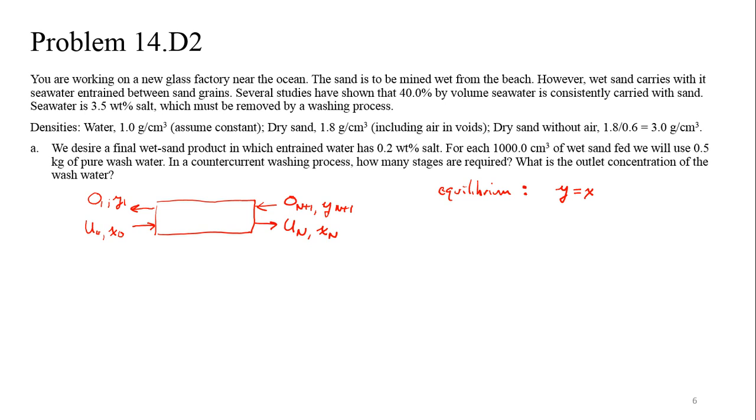What do we know about this? For 1,000 cubic centimeters, cc's, of wet sand, we use a ½ kilogram of pure wash water. So what is that value related to?